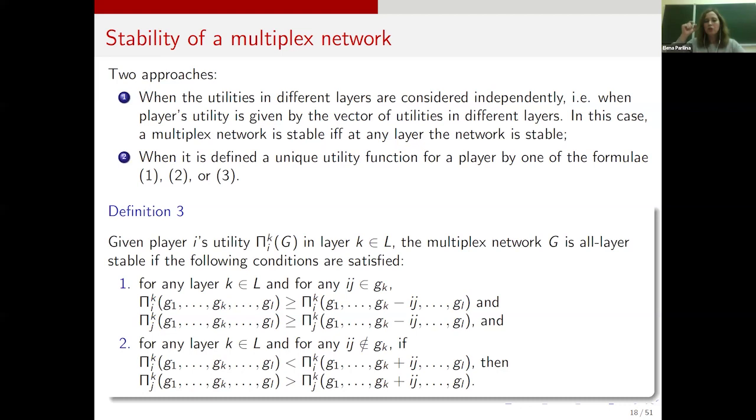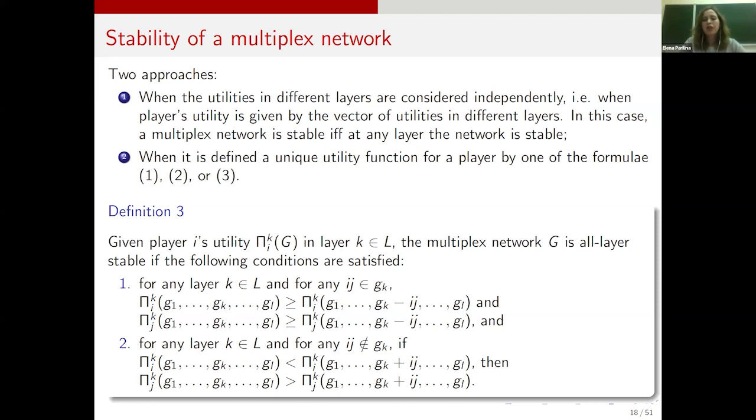So if you assume that, for example, the utility in each layer is represented by a number, you form this vector, and we call the multiplex network G all layers stable if you cannot gain by deletion of links or adding links in any layer. So here it is a formal definition of this stability.